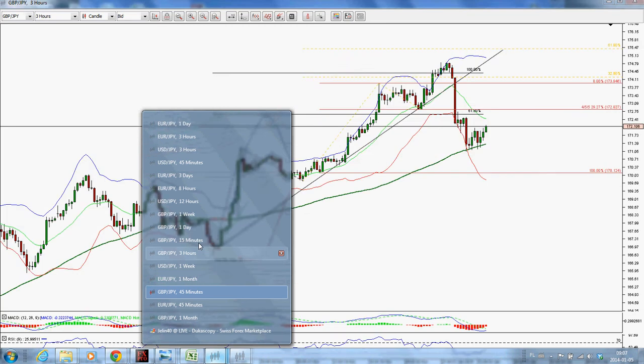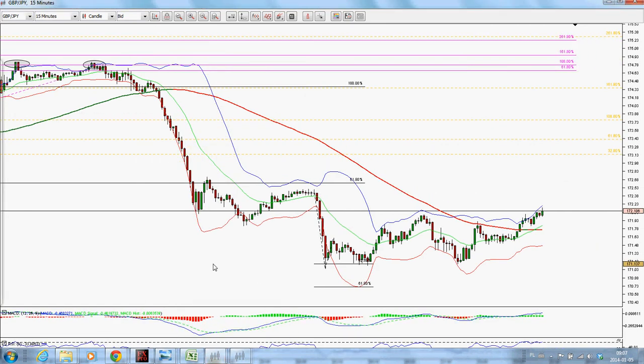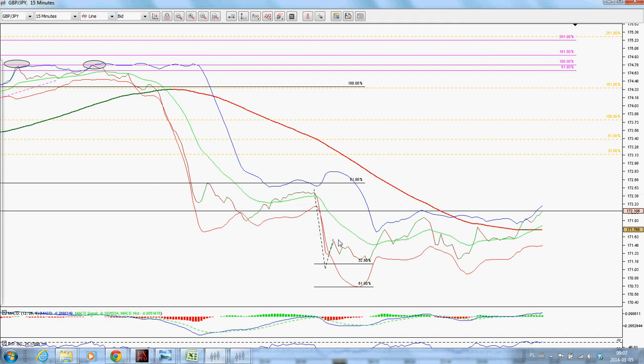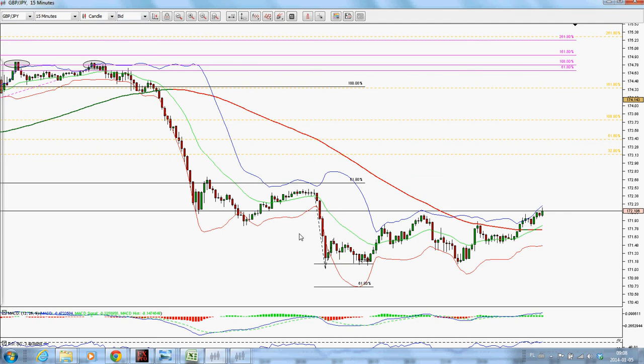Okay, let's go back to the 15 minute again, because I think that the market finished a final 5th wave in this area. Okay, so this is the final 5th, 1 and 2 and 3, then is the 4th, and then was a 1, 2, 3, 4, 5, and this ended in this area. So that's why you have all those lower shadows.